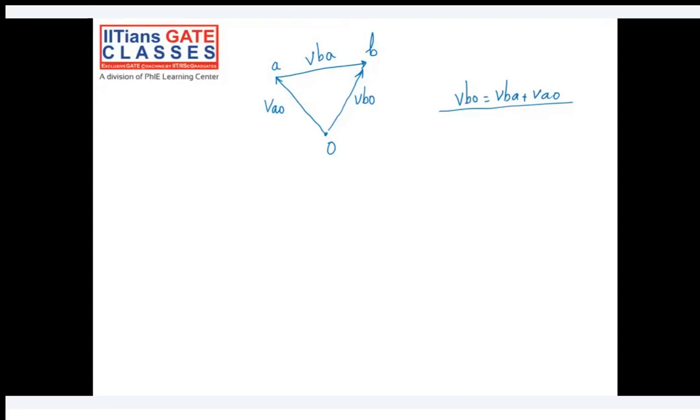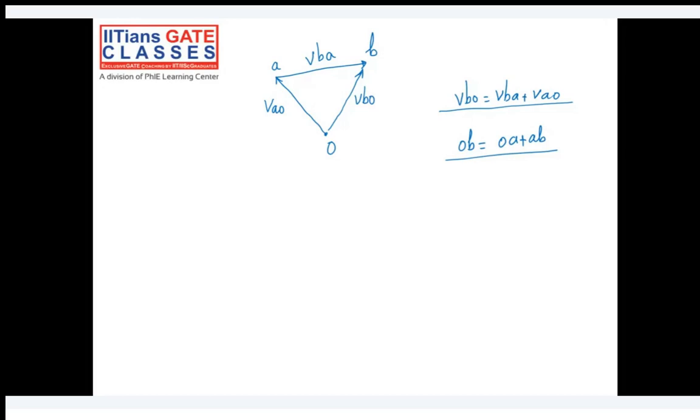Let's suppose a point O is here. Let's say this is point number A. Then one more velocity we have here, let's call it VAO, VBA. This point is B. Let's say another point C here, VBC.